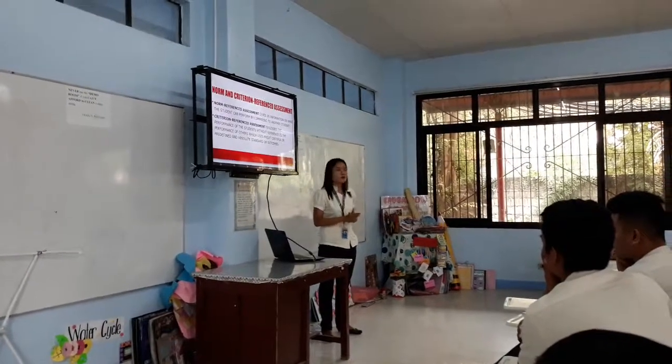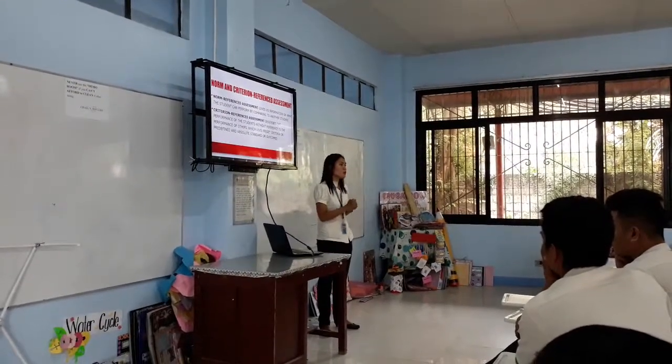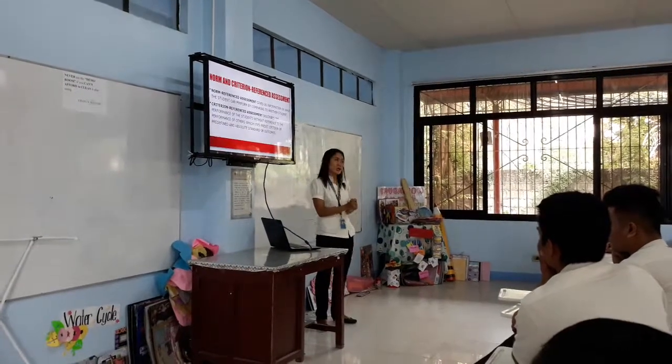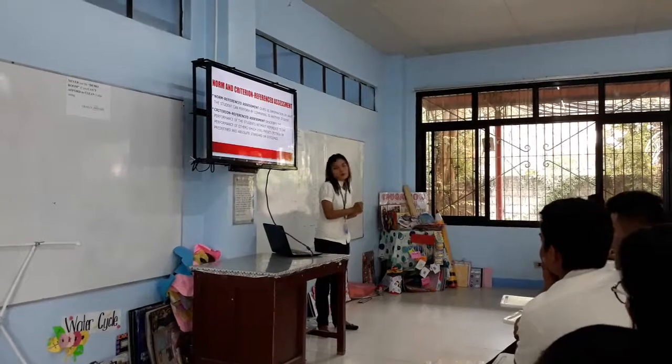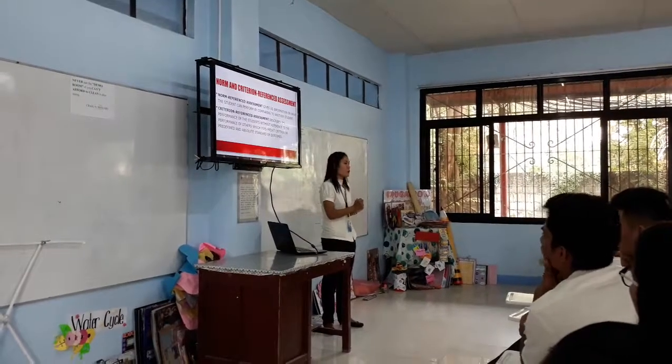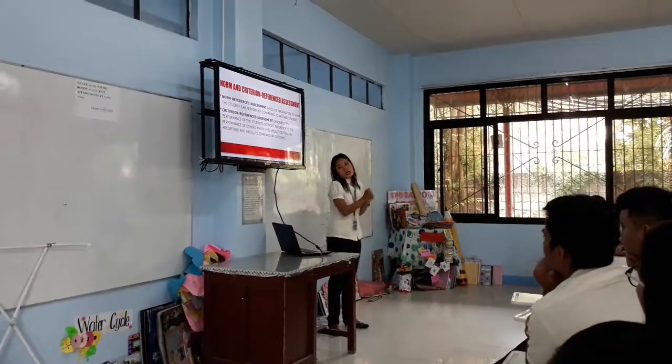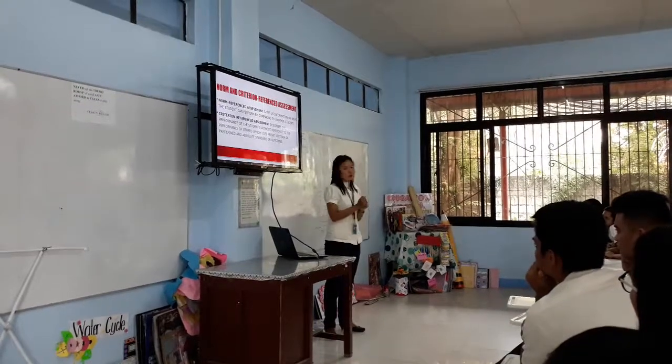While in the criterion reference test, the teacher will give your criteria or rubrics for grading. So without the basis of the performance of others, you will be graded according to your own performance and according to the preset criteria or rubrics.